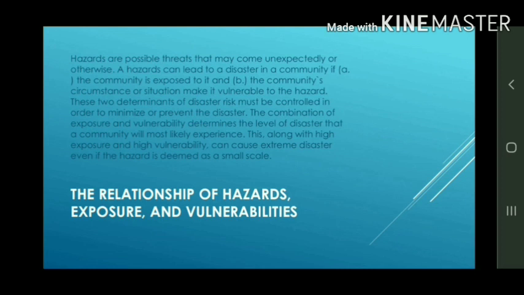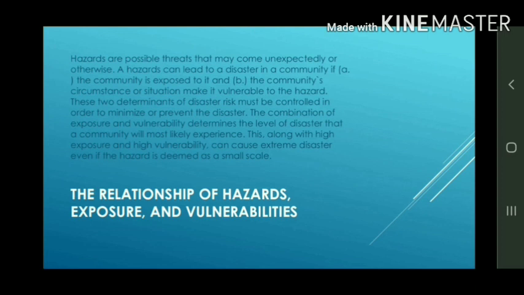The combination of exposures and vulnerability determines the level of disaster that a community will most likely experience. This, along with high exposure and high vulnerability, can cause extreme disaster even if the hazard is deemed as a small scale.